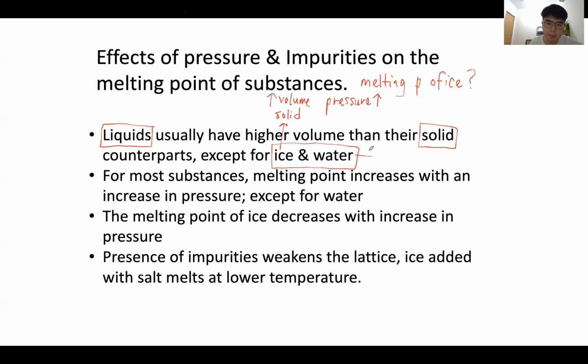You learn this in your chemistry, right? Water is liquid, with less volume. Why? It's because of the structure. When water freezes into ice, there's a structural change. They arrange themselves in a crystal structure where the structure takes more volume.